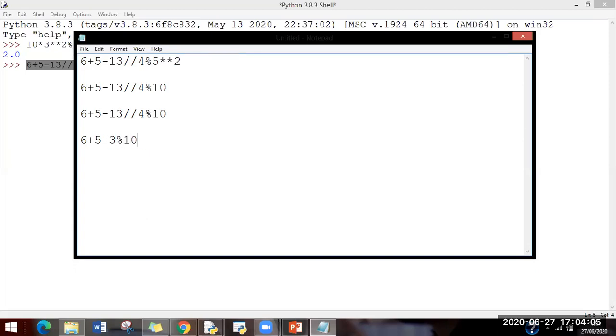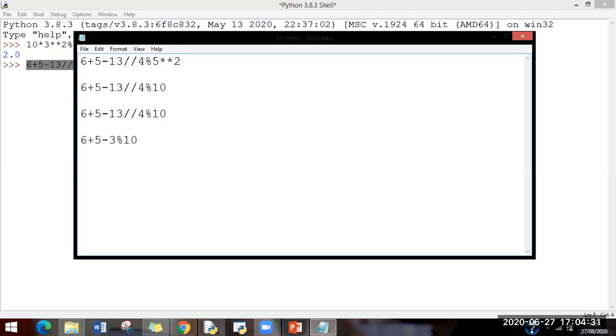Now when you are doing the modulus of 3 by 10, as you can see, 10 cannot divide 3 into integer parts. So because this cannot be done, my quotient value will be 0 and the remainder will remain as 3.